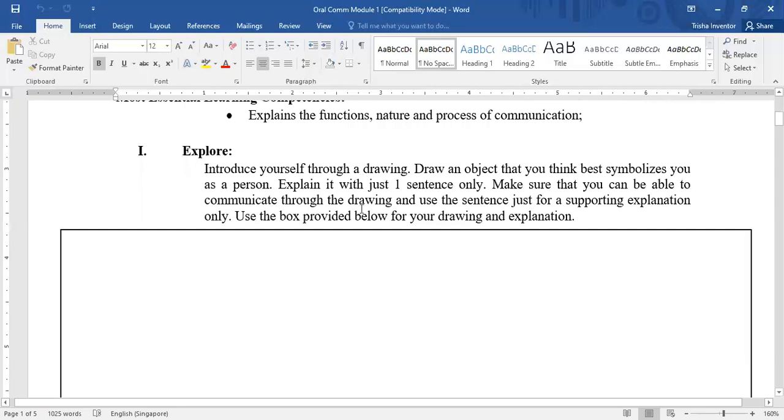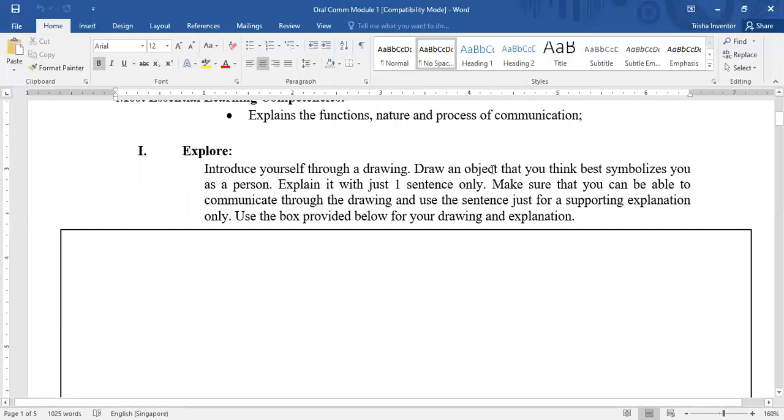In here, you are going to introduce yourself through a drawing. As you all know, when it is the first day in a school year, introduction is very common. Since we don't have face-to-face, here in your module you are going to introduce yourself through a drawing.